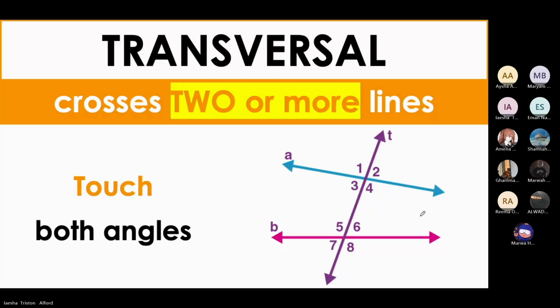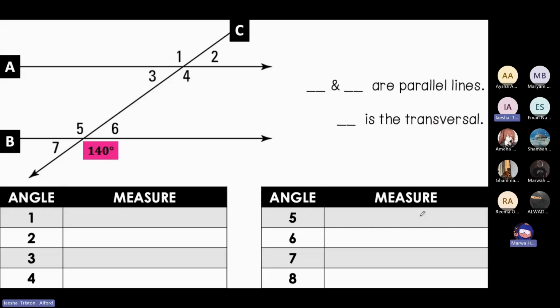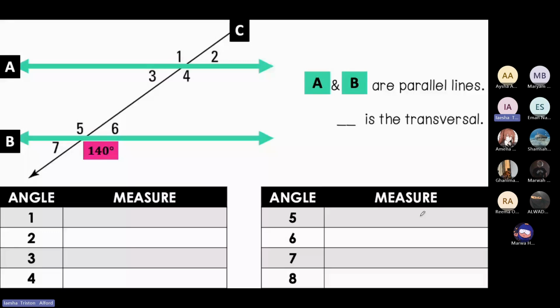So here, we did this one in class. What are the parallel? Line A and B are the parallel. What's the transversal? C. Fine. They're gonna give you a measure. The measure here for angle 8 is 140 degrees.